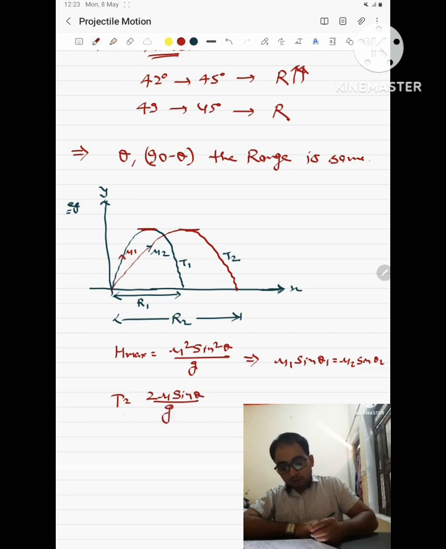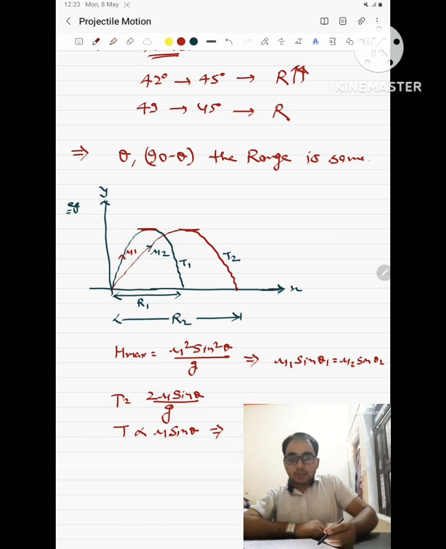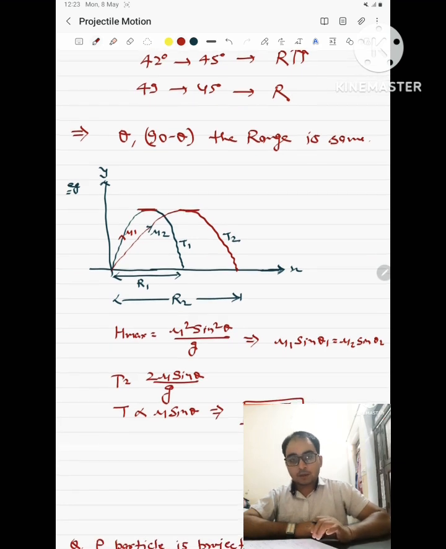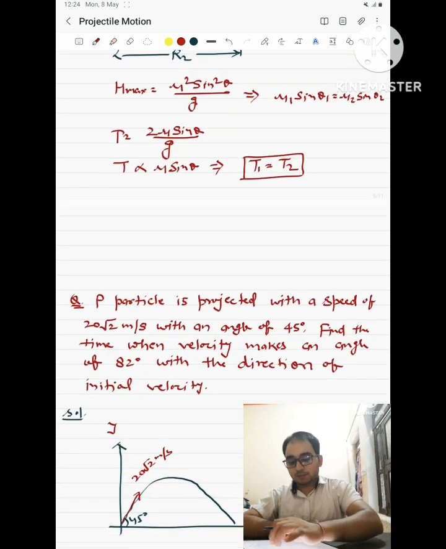So T also depends on u sin theta. U sin theta is constant for both projectiles, so we can conclude that T1 equals T2. So if the maximum height is same for two projectile motions, then their time of flight will also be the same.